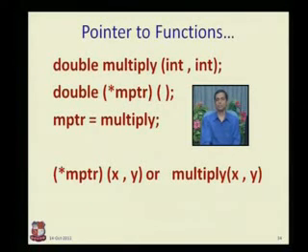Okay, so this might be looking complicated to you. If I can directly write multiply, then why do I write this kind of star mptr thing and then x y? See, this is useful when my code size increases and we have to repeatedly call this mptr function. And when I do star mptr, this is dynamic memory allocation, and when I do multiply, this second one is static memory allocation.